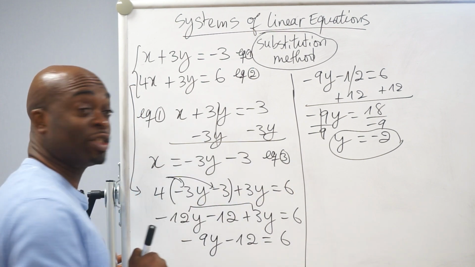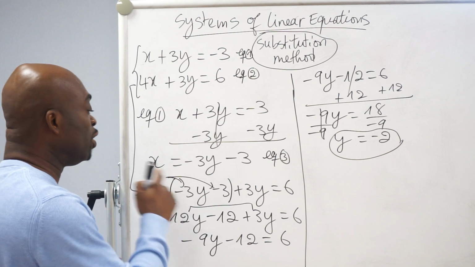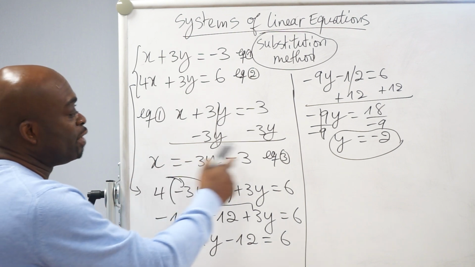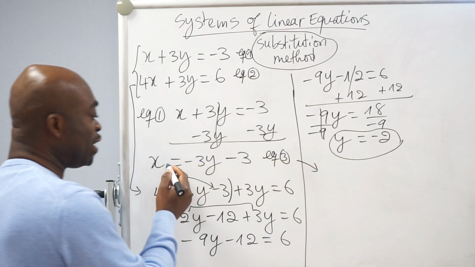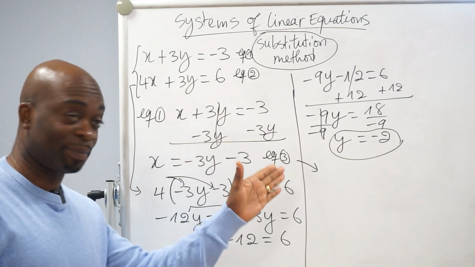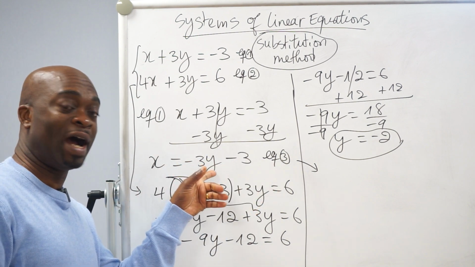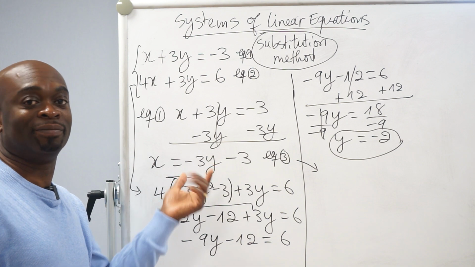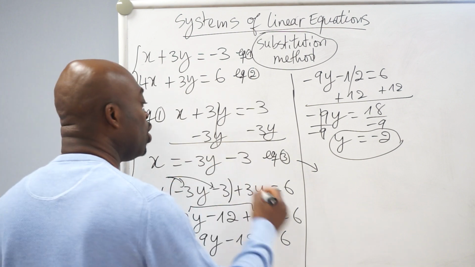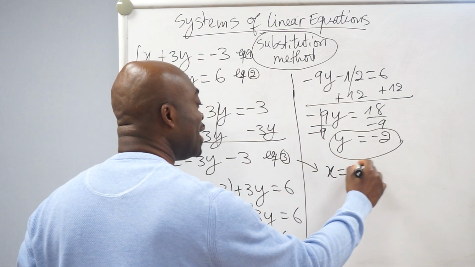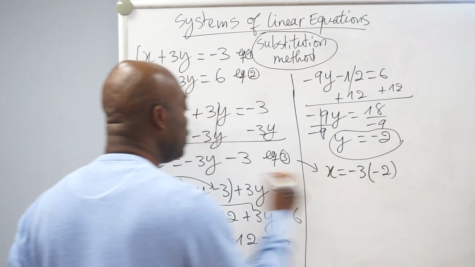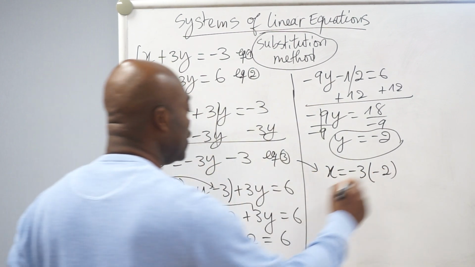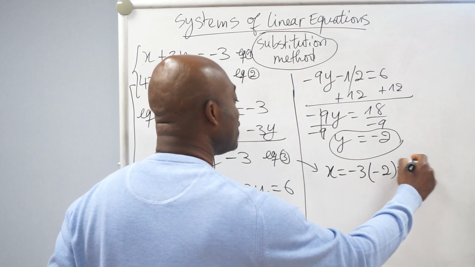We can go back to equation 3, because now we're looking for x and we already have y. From equation 3, we stated that x equals something in terms of y. Now we know the y value, so why not use this again? So x equals negative 3 times negative 2, minus 3.